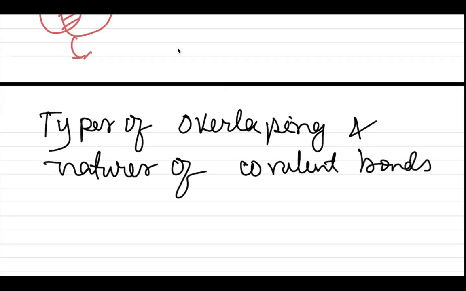Types of overlapping and nature of covalent bonds. Depending on the type of overlapping, covalent bonds are mainly of two types.